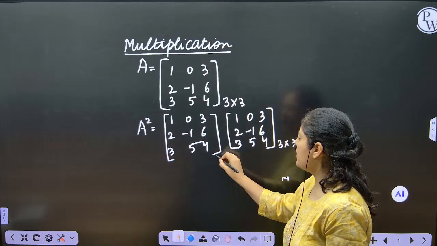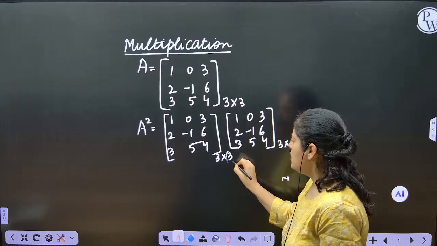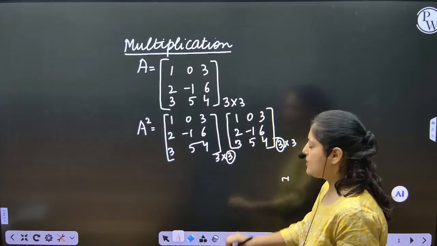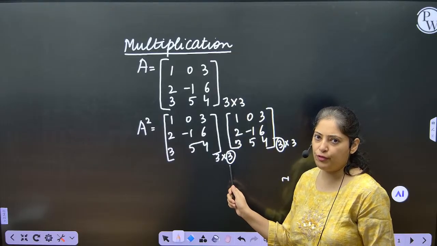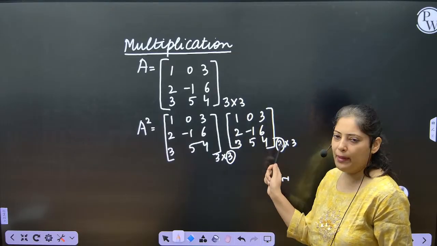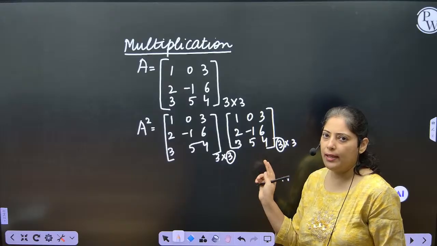This is also 3 cross 3, and this is also 3 cross 3. So this number and this number should be same. That means the first matrix's number of columns and the second matrix's number of rows should be same.